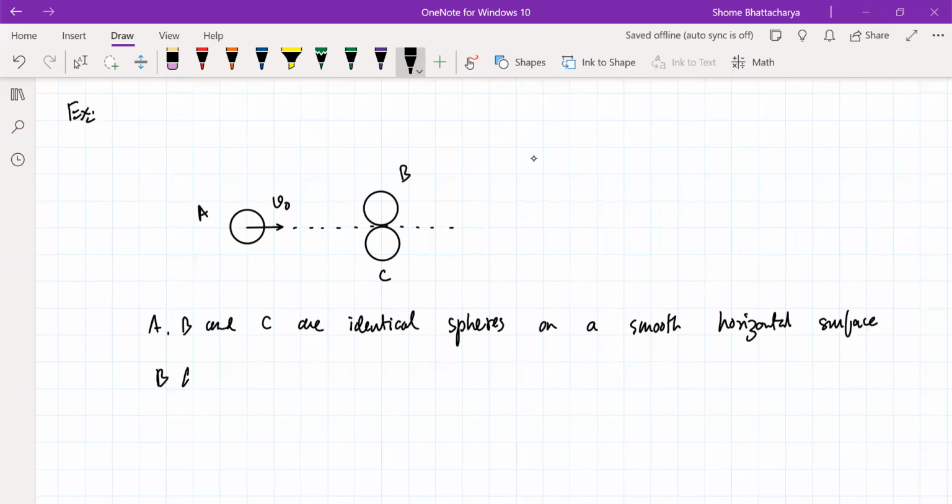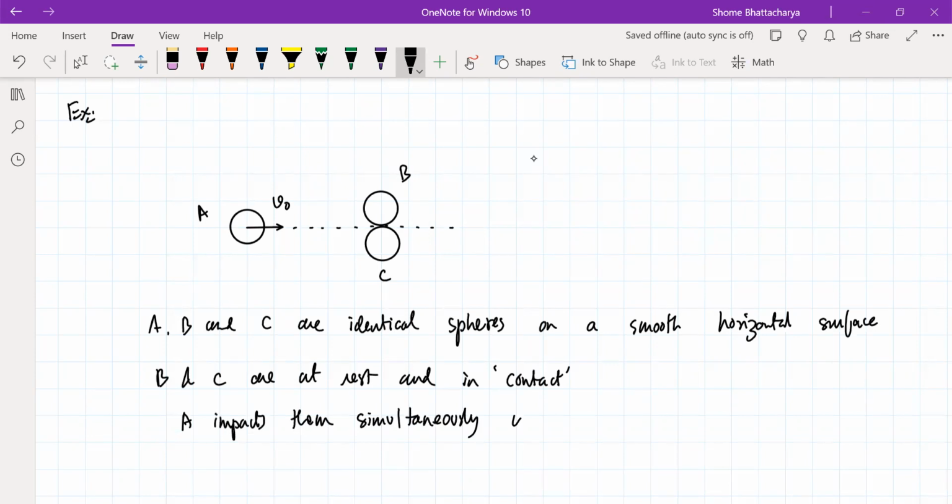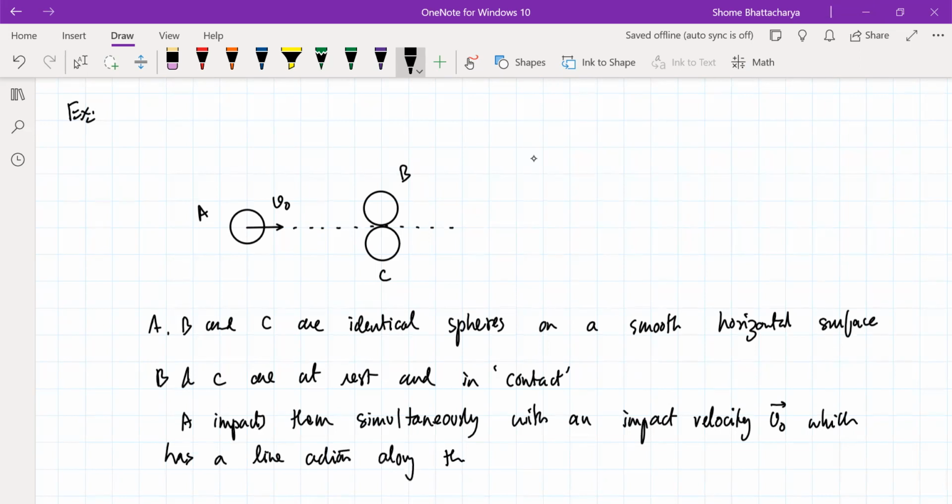B and C are at rest and in contact, and A impacts them simultaneously with an impact velocity V naught, which has a line of action along the tangent at the contact point of B and C. All this information is clearly visible in the diagram.